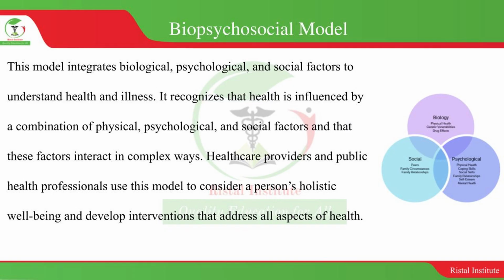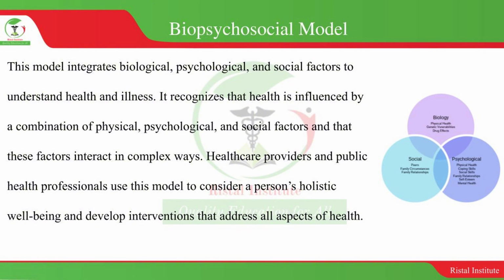Your physical health, the fact that different individuals have different genetic vulnerabilities, and people are generally different. They are not the same. We have genetic predisposition, or what we are terming genetic vulnerabilities here. So this model recognizes that these biological aspects are very important, but we also need to look at the social aspects as well as the psychological aspects.